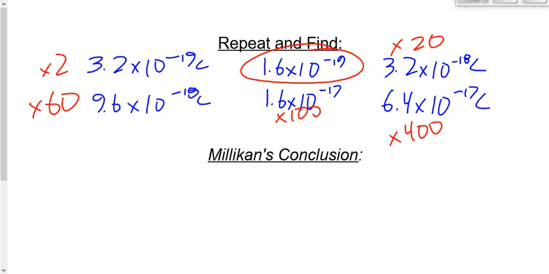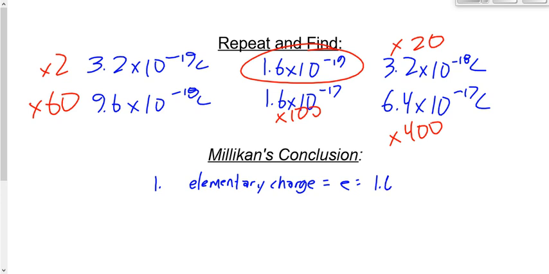And that led Millikan to two conclusions. One, there is an elementary charge, the smallest possible charge that you can have.